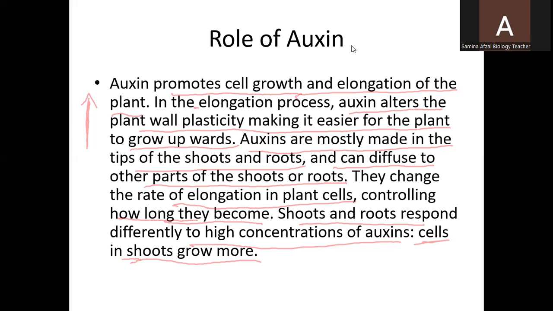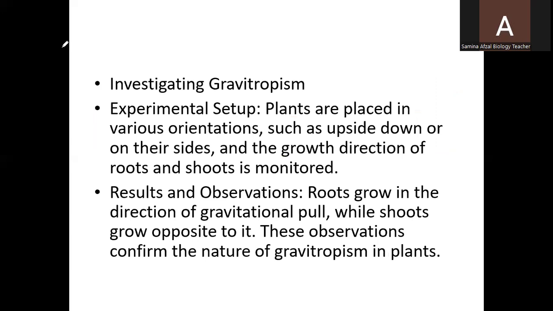Students, here is an investigation about gravitropism. The experimental setup uses plants. How can we set up the experiment? The plants are placed in various orientations, such as one pot upside down or on its side, and the growth direction of the roots and shoots is monitored.